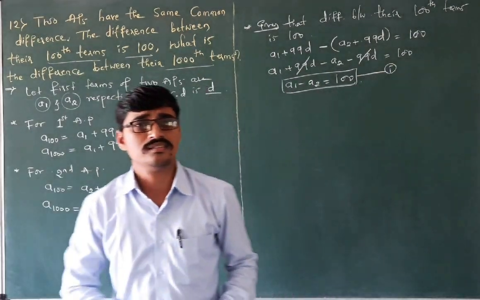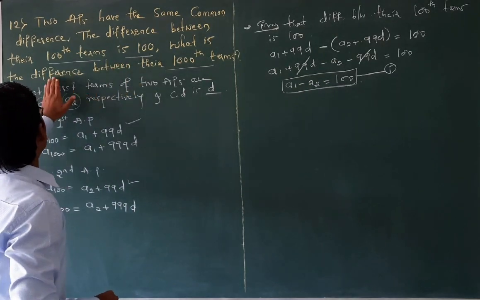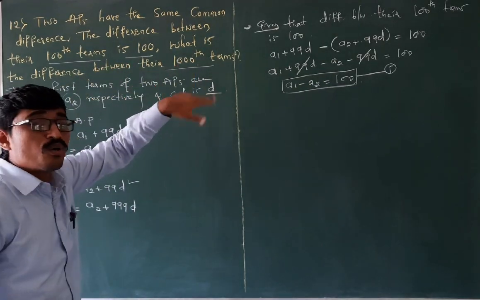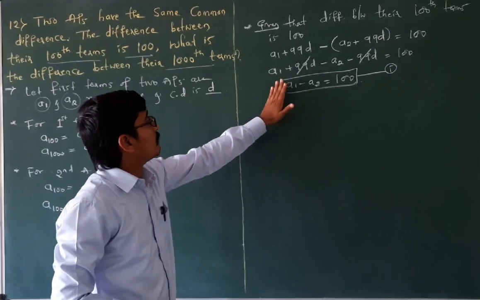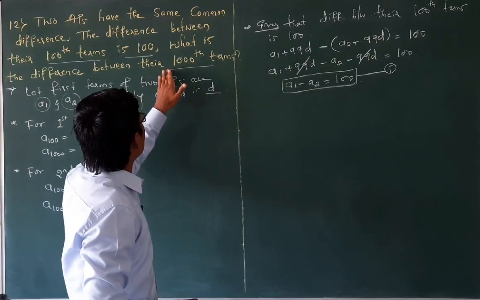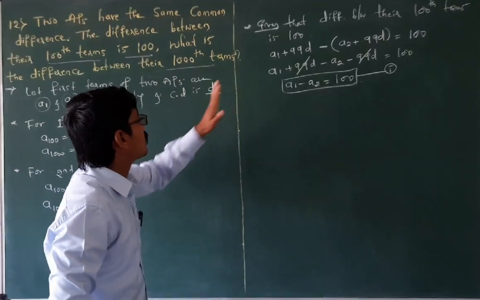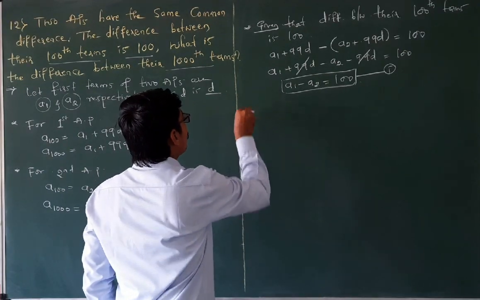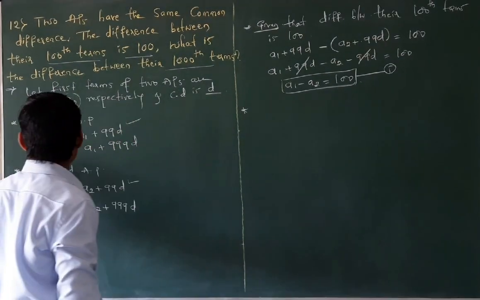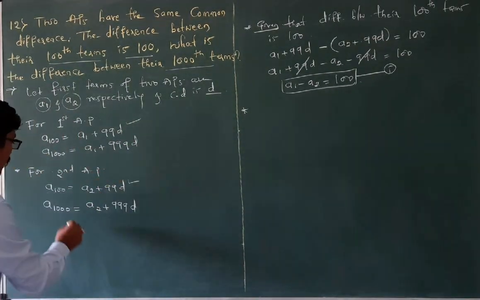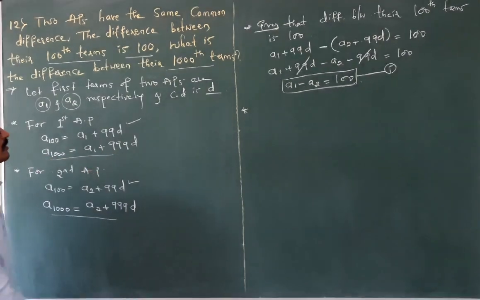But what is asked? Find the difference between their 1000th terms. We have to calculate the difference between their 1000th terms. So the difference between the 1000th terms means this is the 1000th term and this is also the 1000th term.